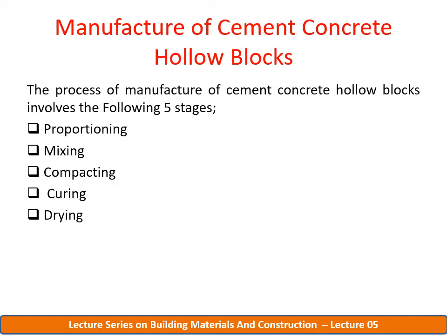As per the Indian standard specification, the combined aggregate content in the concrete mix used for making hollow blocks should not be more than 6 parts to 1 part by volume of Portland cement.